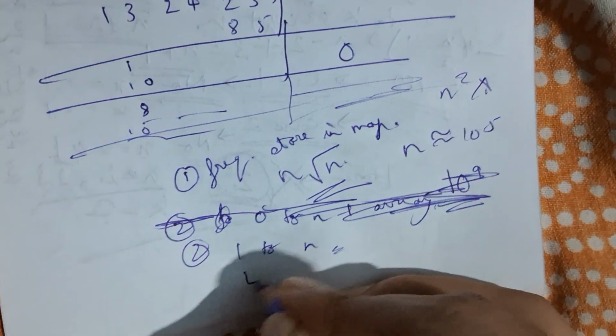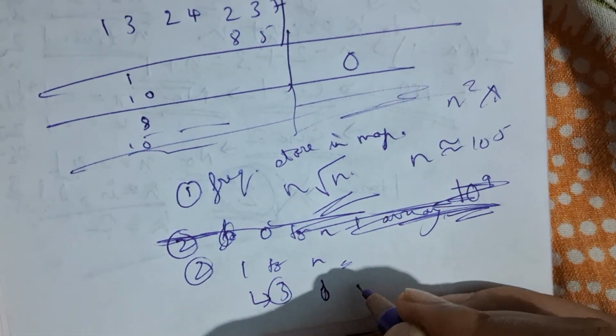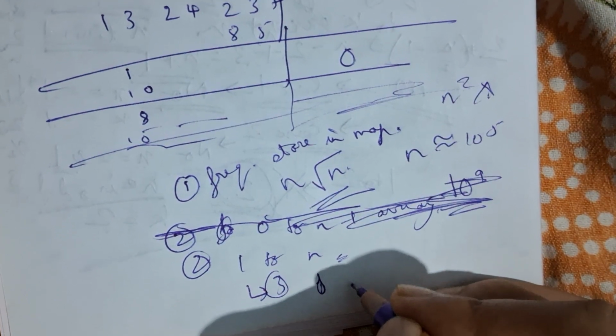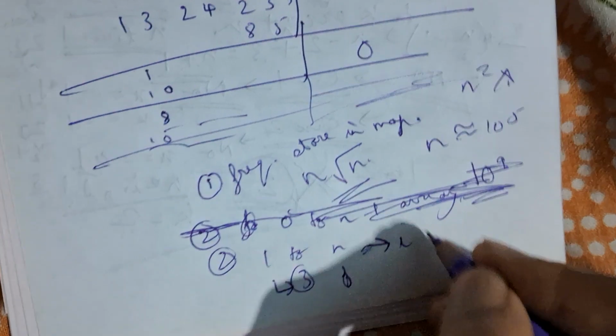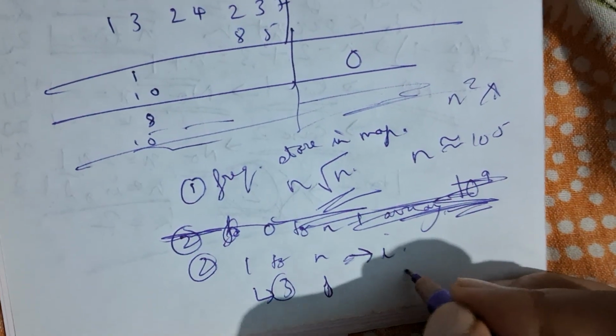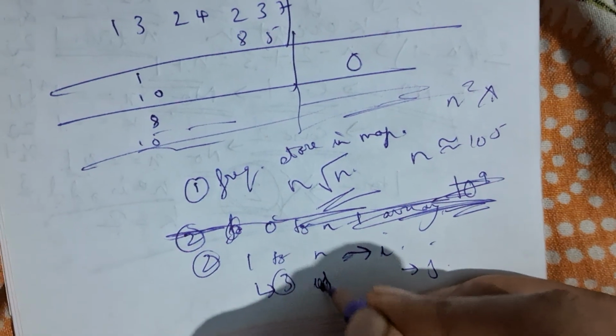How are you going to check? You can check all the divisors of this. So let's say this loop is the ith loop and this loop is the jth loop.